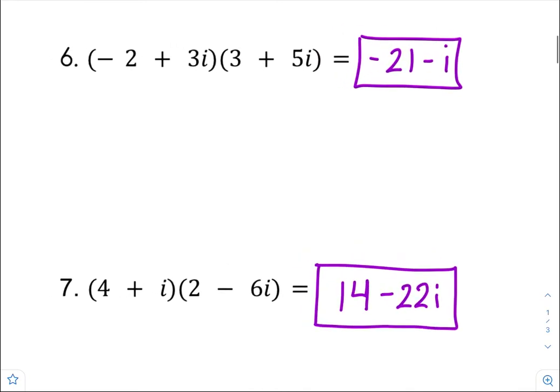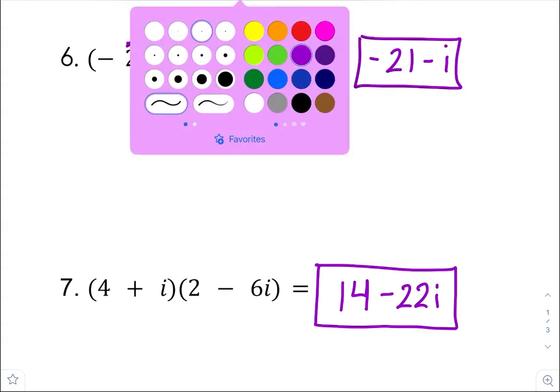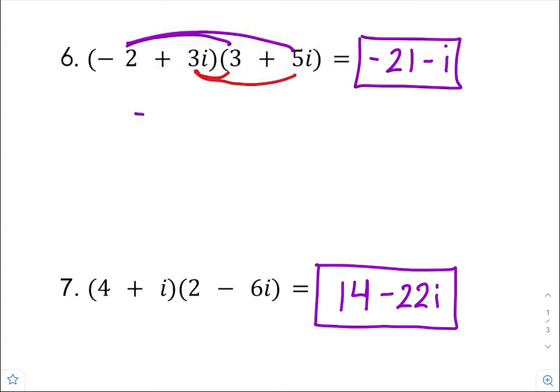Number 6, again, you do not see a plus or minus sign in the parentheses, so you've got to do a double distribution. Negative 2 times 3 is negative 6.